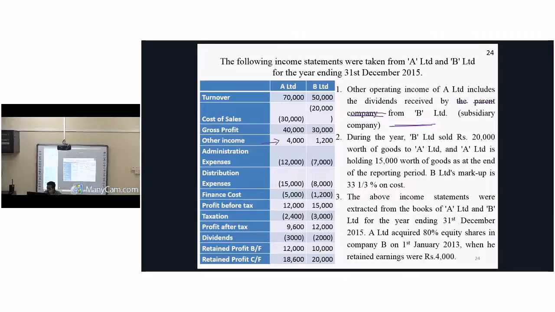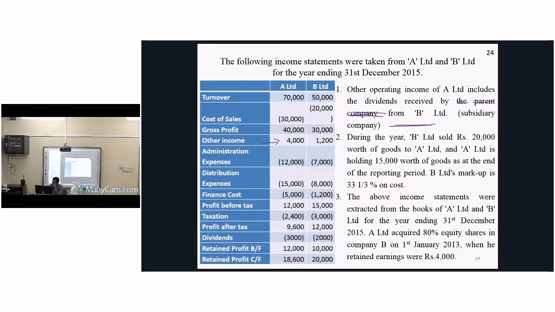Got this. During the year, B Limited sold 20,000 worth of goods. If you can remember, if there is any intercompany transaction, what do we have to do? Very easy work. Subtract from turnover and subtract from cost of sales. Intercompany sales. And who is the selling party here?